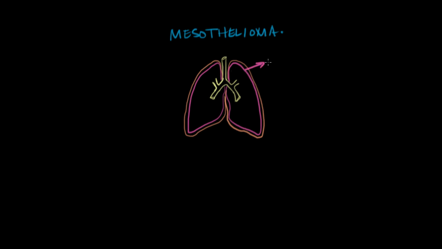Well, first let's explore the linings of the lung. In pink over here, you see the visceral pleura. This is the lining of the lung that's directly adjacent to the lung, closest to the lung. And then what you see in orange over here is the parietal pleura. The parietal pleura is the lining of the lung that's adjacent to the chest wall, so further away from the lung.